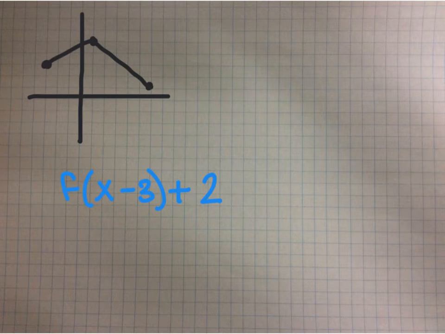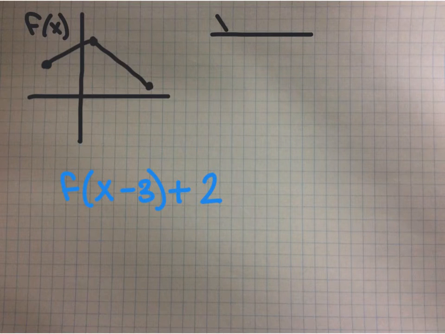Okay, so suppose we had this function on our graph right here. This is our function. And in order to transform it, we need to know where we are. So let's write down our x's and our y's for our points.